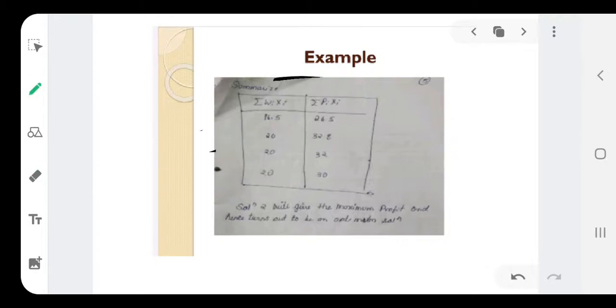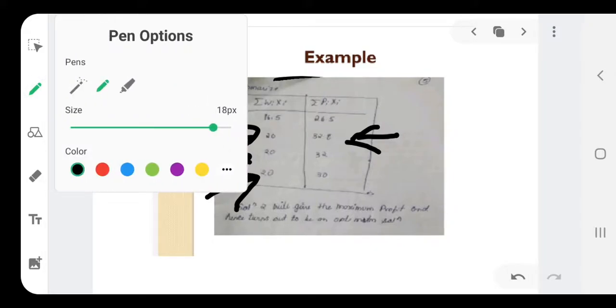If I am going for the second solution, the knapsack weight will be 20 and I am getting a profit value of 32.8. In the same way, I am getting values for the third solution and the fourth solution.